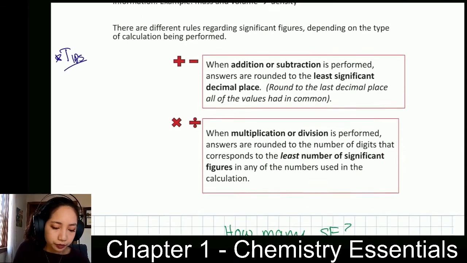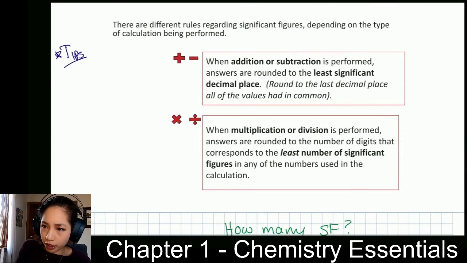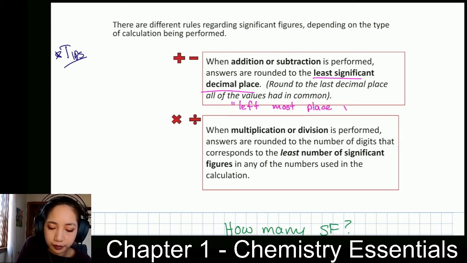All right. So for addition and subtraction, when you're adding and subtracting measured values that have significant figures, you need to round your answer to the least significant decimal place, essentially meaning your leftmost placeholder or place value that is common to both values.